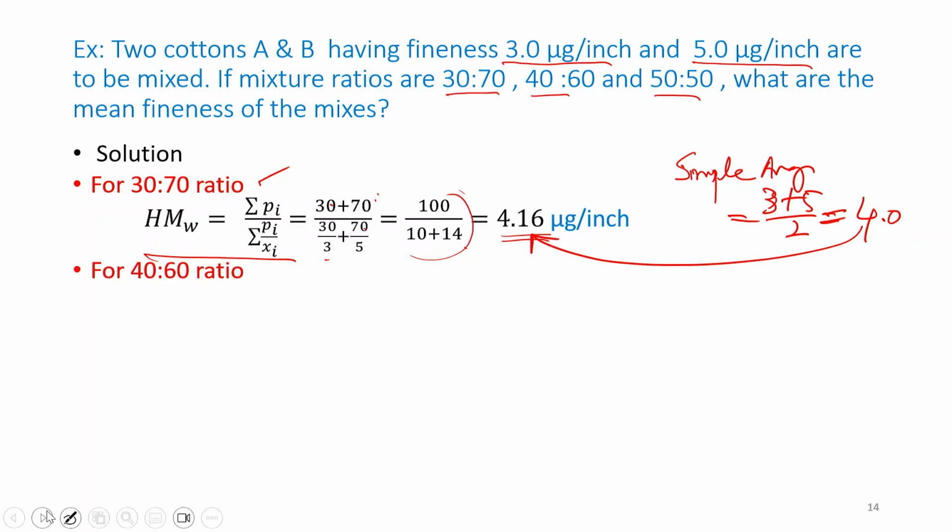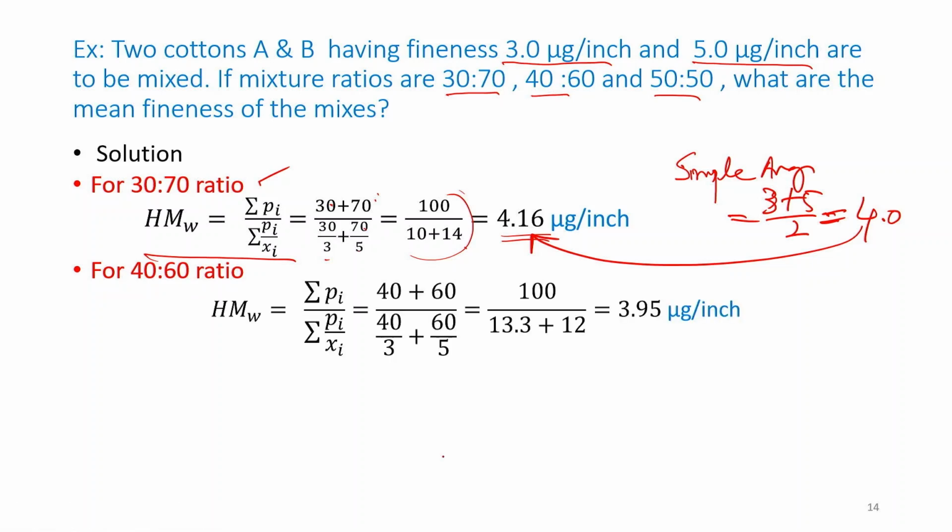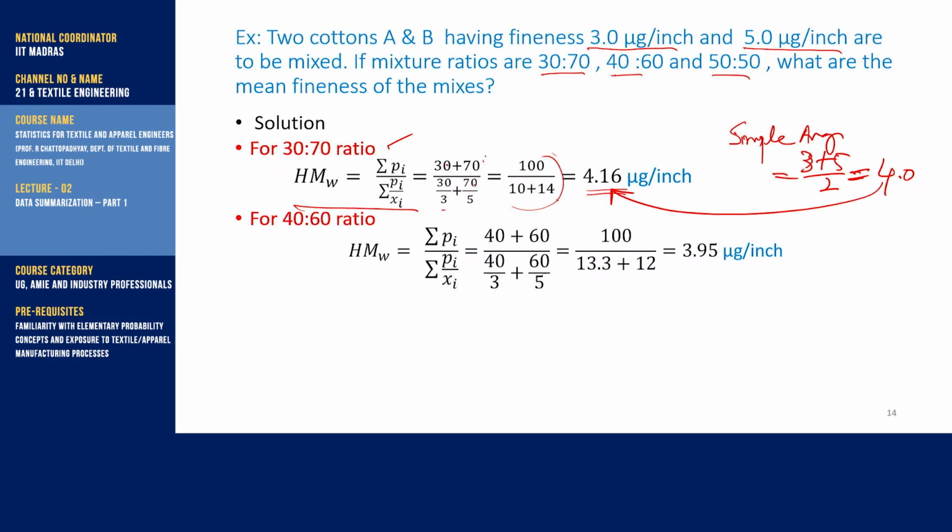If the mixture ratio is changed to 40 is to 60, the proportion of fine fiber has increased from 30 to 40, and coarse fiber has decreased. So you'd expect the mixture fineness to be on the lower side, and you see the value is coming 3.95.